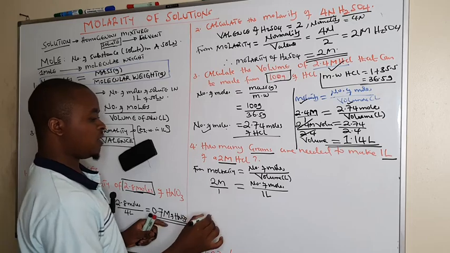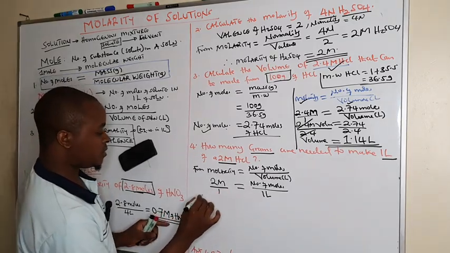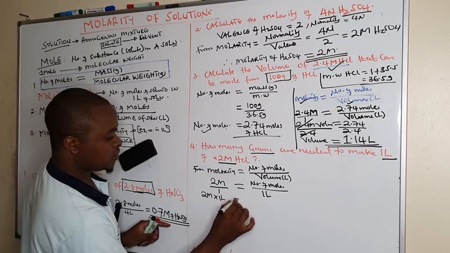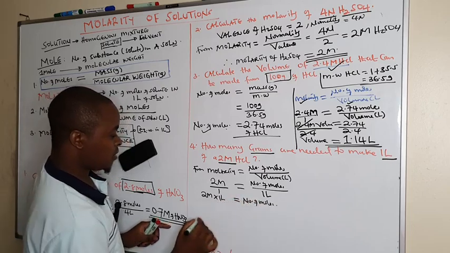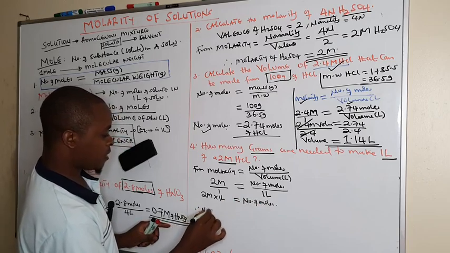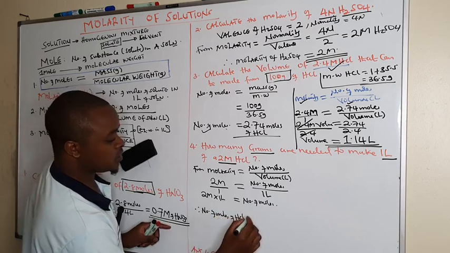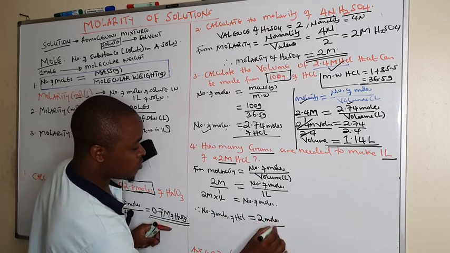This is over 1. I cross multiply, and on cross multiplying I will get 2 molar times 1 liter is equal to number of moles. Then finally, number of moles of hydrochloric acid is equal to 2 moles.